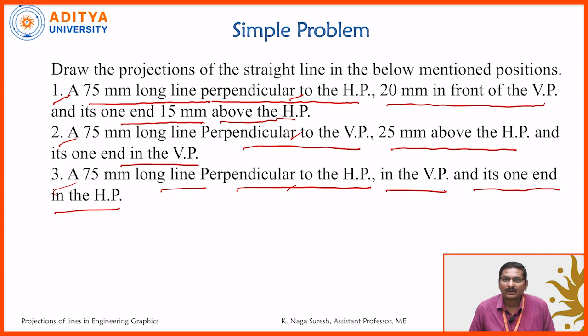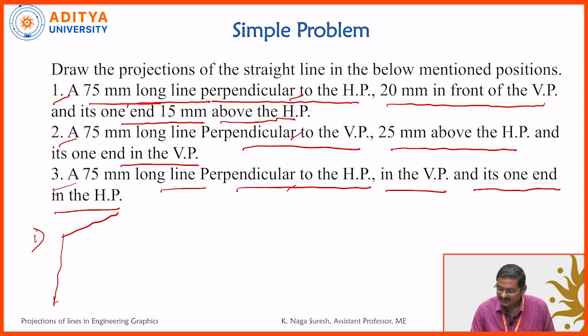If the line is perpendicular to VP, it is parallel to HP. So in all three conditions, perpendicular to one plane and parallel to another plane is given. Here the first condition: the 75 mm long line perpendicular to HP, 20 mm in front of VP.